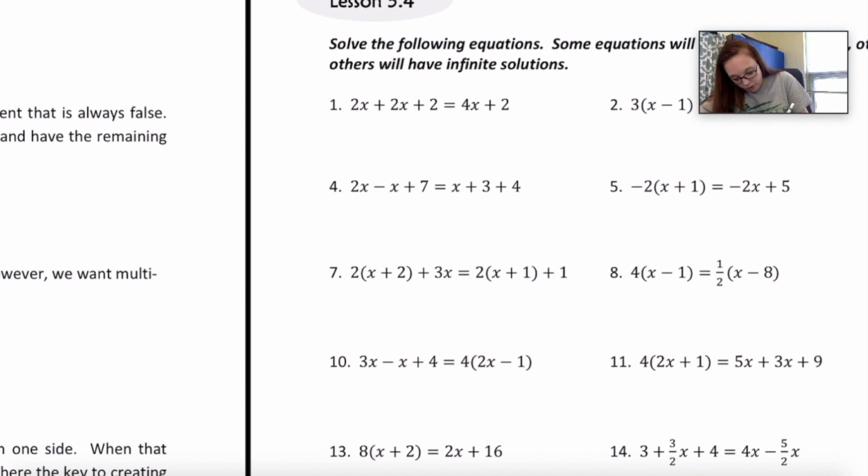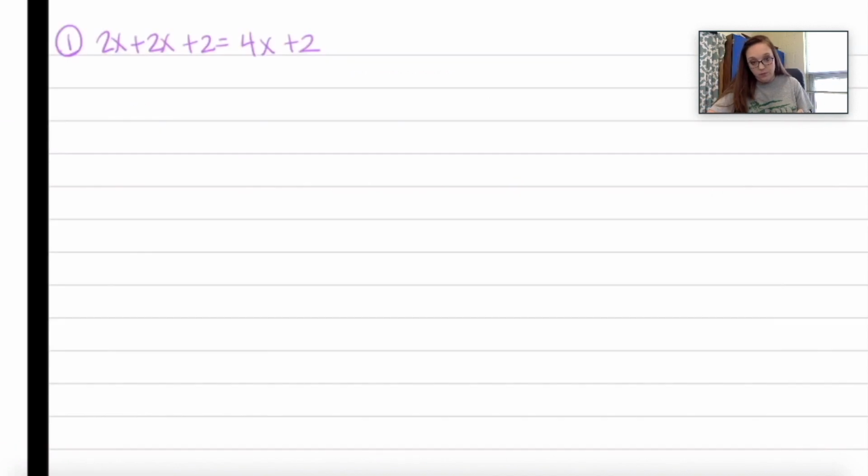So we have 2x plus 2x plus 2 equals 4x plus 2. Okay, so there's my paper. I'm just going to start off by solving this equation just as I normally would. I'm going to pull out my highlighter and highlight like terms that I see.